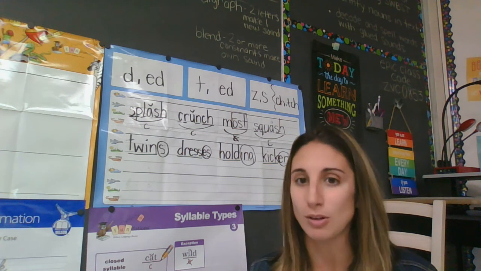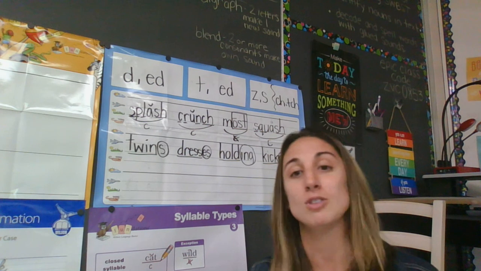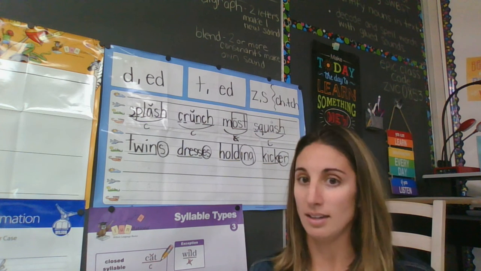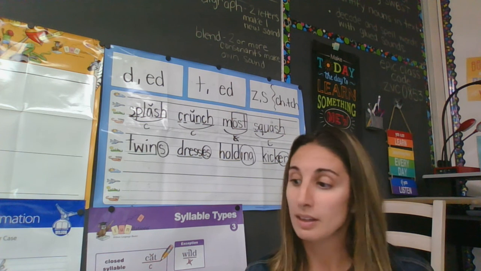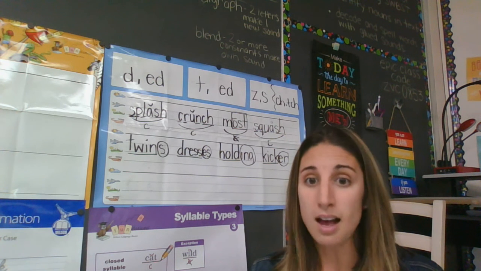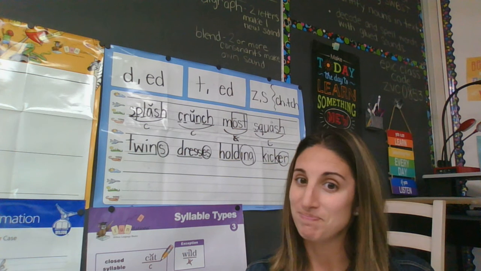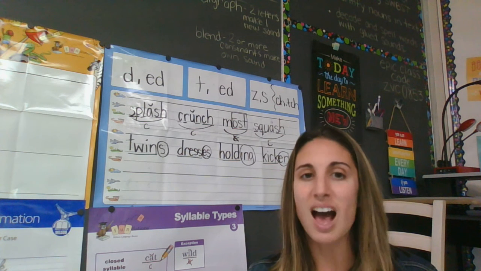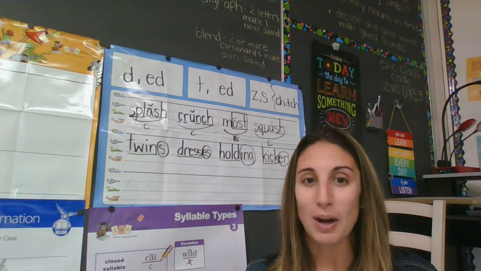Very good. All right, the next thing we're going to do is move down to where it says sound-alike words. These are our homophones we've been practicing. And the first homophone that I want you to write is son. Now listen to my sentence so you know which one I'm talking about. His son turned 8 years old. His son turned 8 years old. Go ahead and write it.